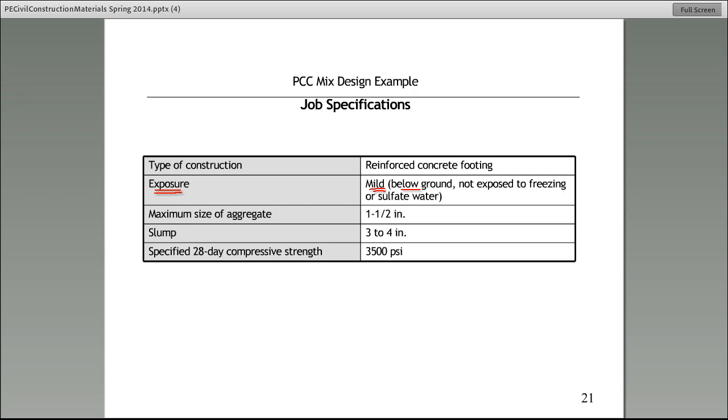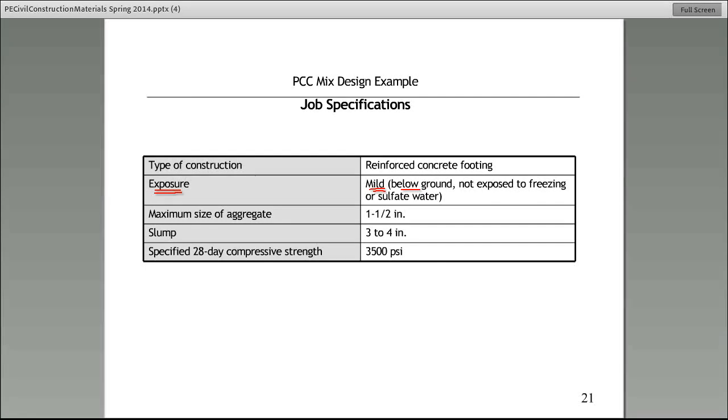Freeze-thaw cycles are really important, because if the specification is that the location or the type of structure will be exposed to repeated freeze-thaw cycles, then we will make the concrete more durable by using air entrainment.